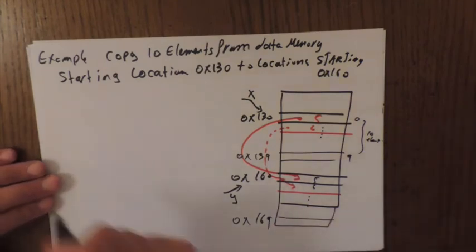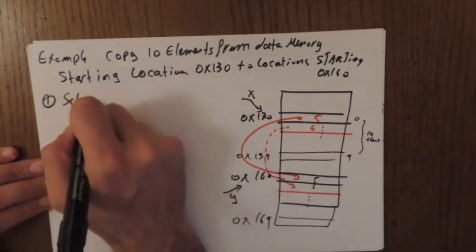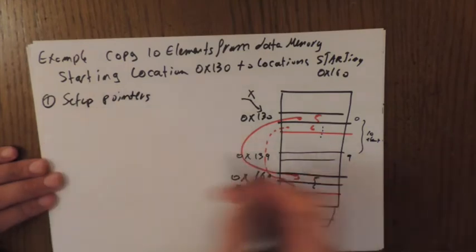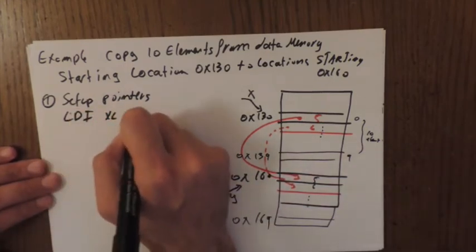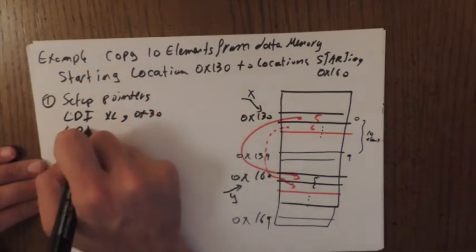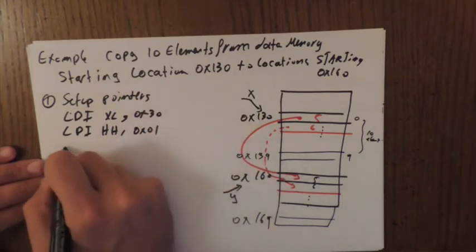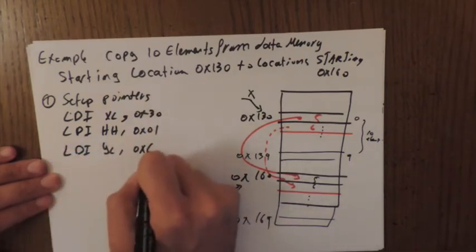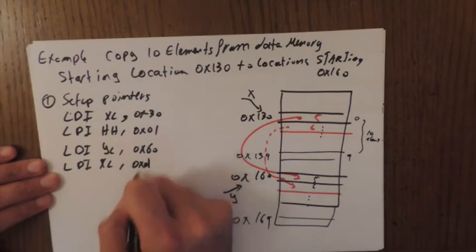Whenever we have problems like this, we first set up the pointers. So first, I'm gonna set up XL. LDI XL 0x30, LDI XH 0x01, and then LDI YL 0x60, LDI YH 0x01.